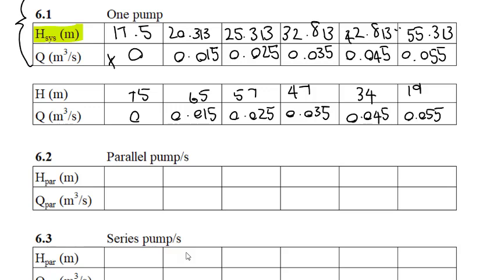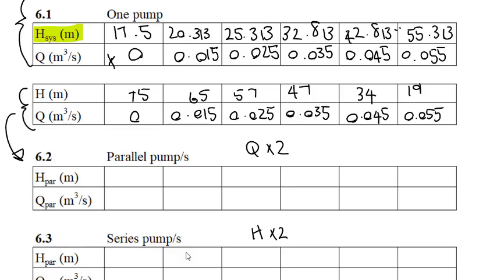So now we can do the parallel. For parallel pumps, the rule says we'll have to multiply the Q values by 2. And for pumps in series, we'll have to multiply the H values by 2. We're going to use the values from the pump characteristic curves to do questions 6.2 and 6.3.